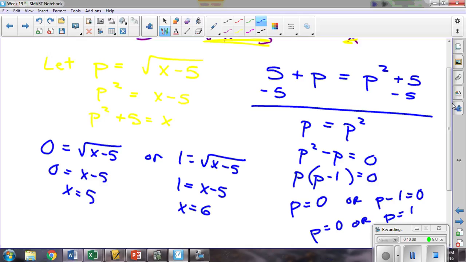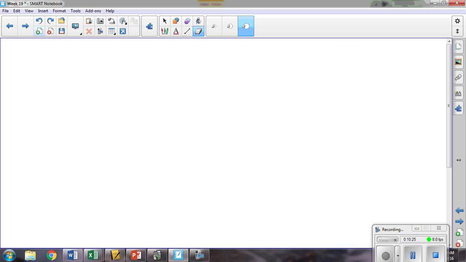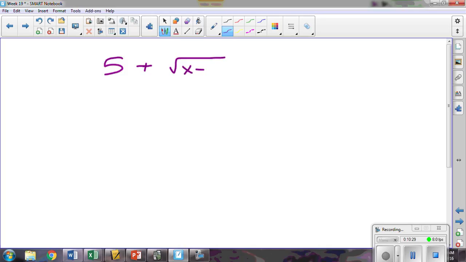We still need to verify if either of these is an extraneous solution. We still need to plug them back into the original and see if they actually check out. So, 5 plus the square root of x minus 5 equals x. Let's try plugging in x is equal to 6, x is equal to 5.